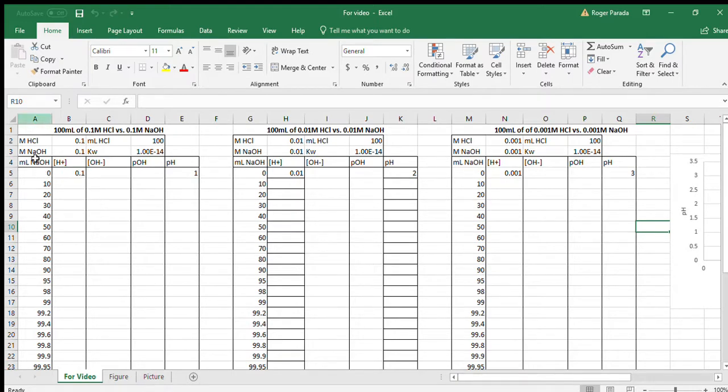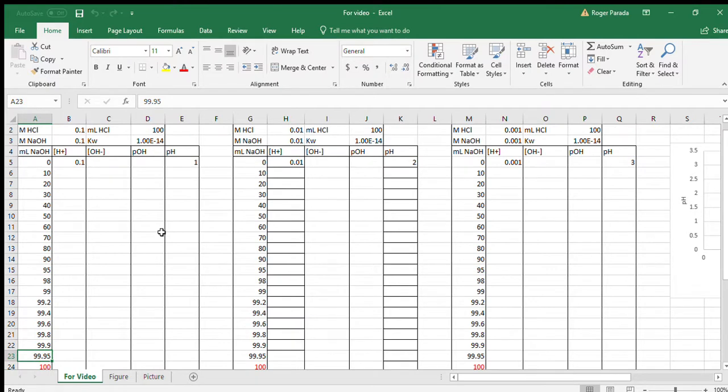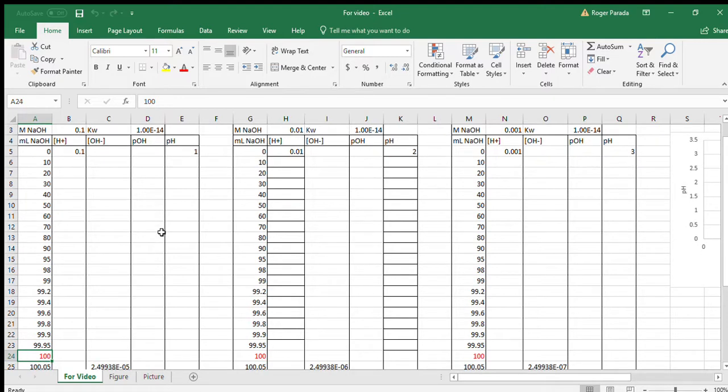So we have, as I said before, here's our volume of base added, starting with 0, increment by 10, and as we approach the equivalence point, we'll get closer and closer by very small increments until we get to 99.95, and then 100, which is our equivalence point, marked in red.